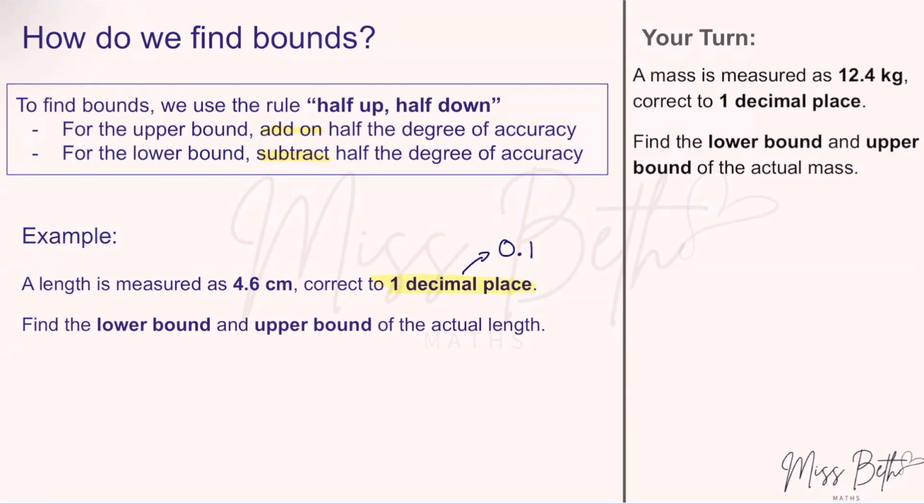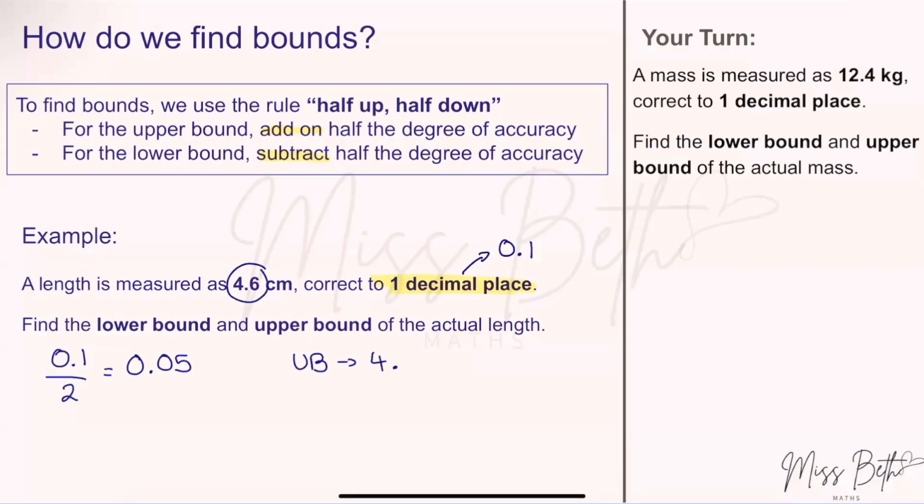To use the rule half up, half down, you take the 0.1 and divide it by 2. That would give us 0.05. To then calculate the upper bound, you take the actual length, 4.6, and add this 0.05 to it. That gives us a total of 4.65 for our upper bound.